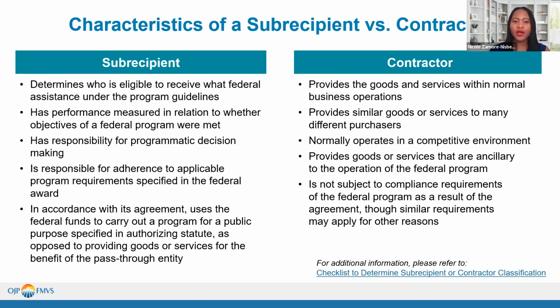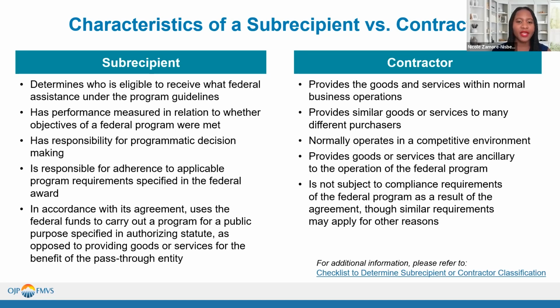So we're going to review the characteristics of a subrecipient versus a contractor. On this slide, we'll review what traits will qualify an entity as a subrecipient versus a contractor. The first one we're going to review is the subrecipient trait. They will determine who is eligible to receive federal assistance under program guidelines, have performance measured in relation to whether objectives of the federal programs were met, and are responsible for programmatic decision-making.